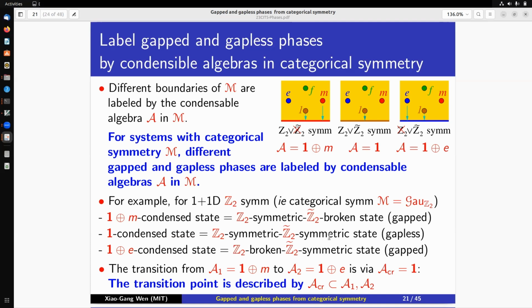Here we assume we fine tune some parameter to find a continuous transition. Then you ask what is its CFT at the critical point? So this conformal field theory at the critical point actually describes this common subalgebra.